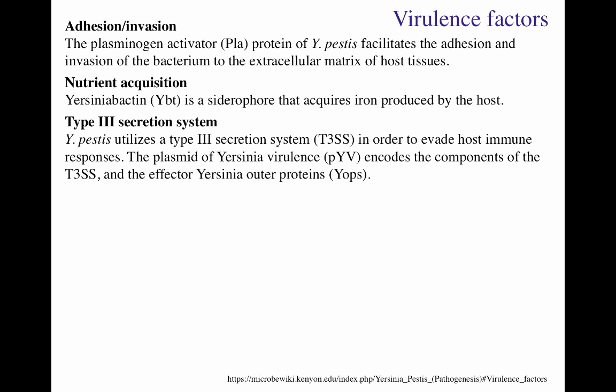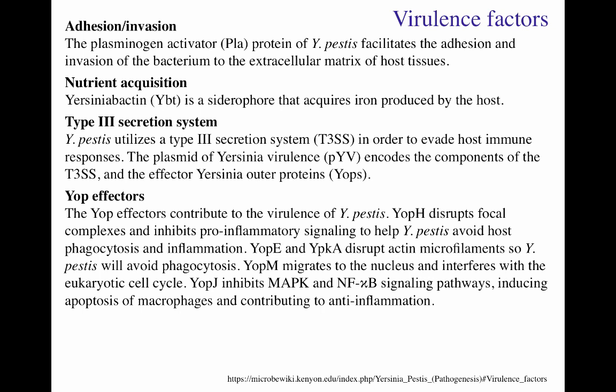And this type 3 secretion system, as well as the YOPs, are encoded in a Yersinia virulence plasmid called pYV that is encoded only on the strains that cause disease. Now, the YOP effectors are a family of proteins that have many diverse functions. They can disrupt the actin microfilaments to avoid, for example, the phagocytosis of macrophages.